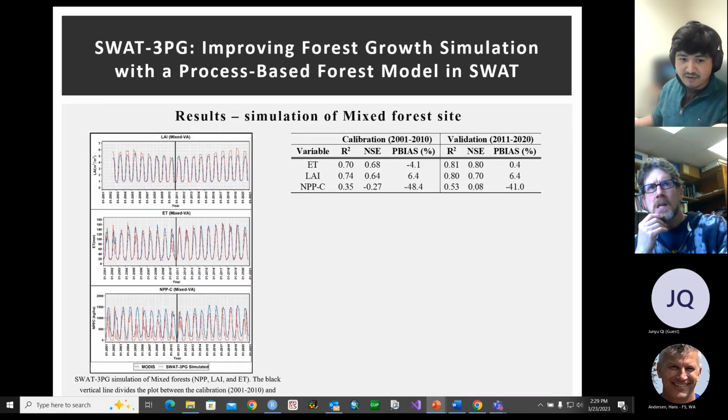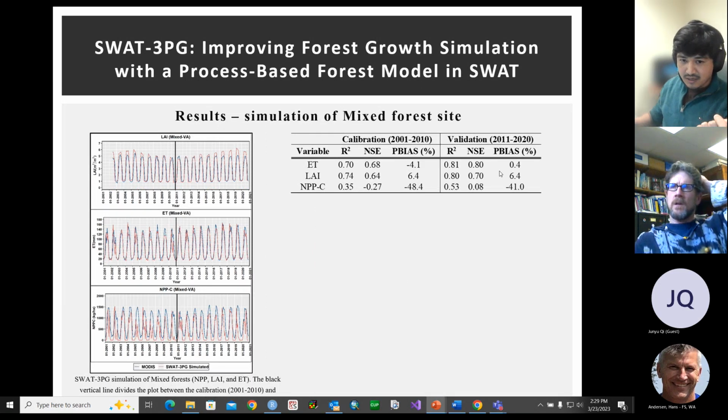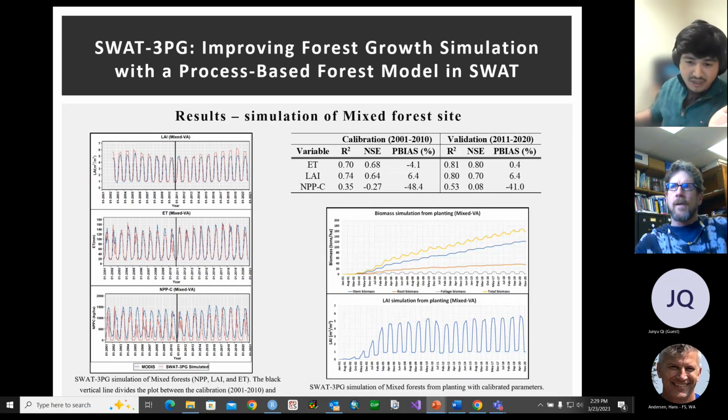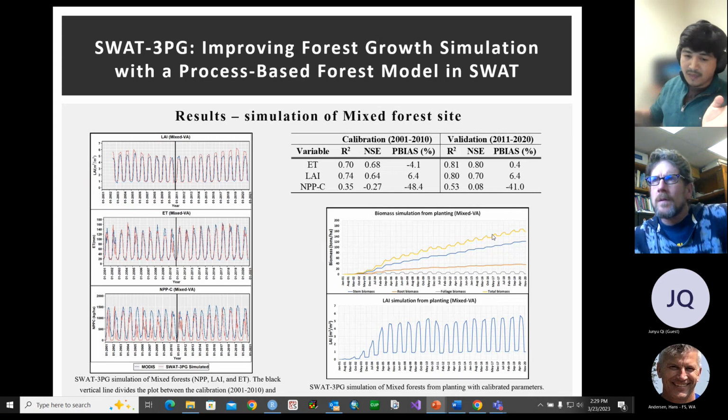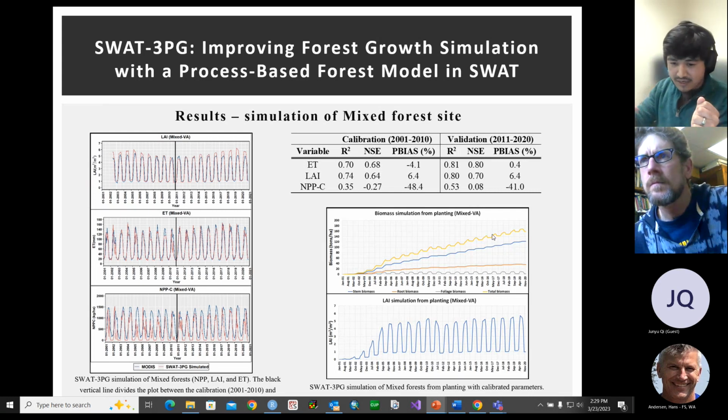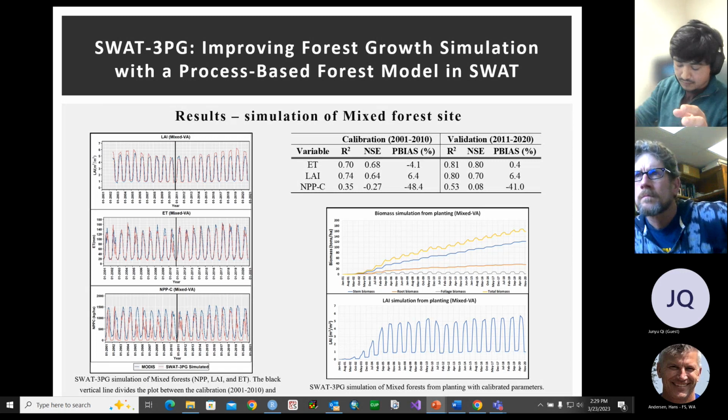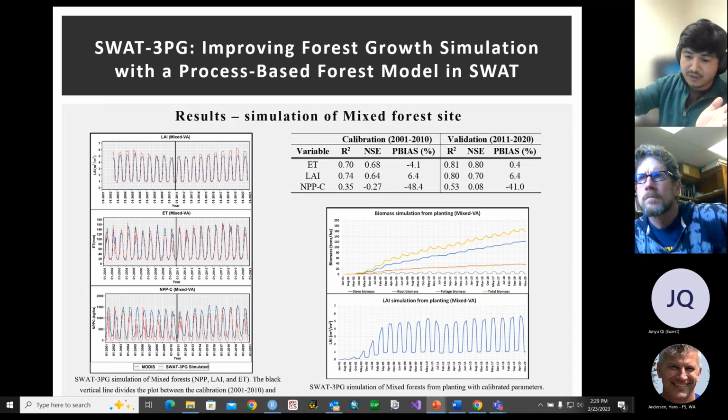We did a similar exercise for mixed forest systems, right? So for the mixed forest system, this is the LAI, this is ET, this is NPPC, right? So the model did okay, right? And similarly to deciduous forest systems, using the calibrated parameters, we again did a scenario from planting, right?